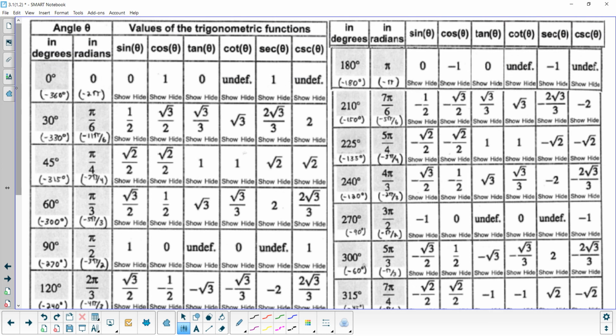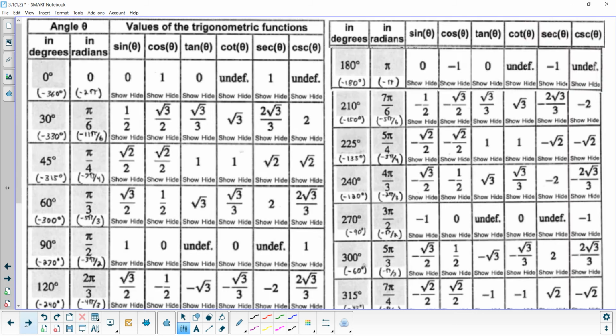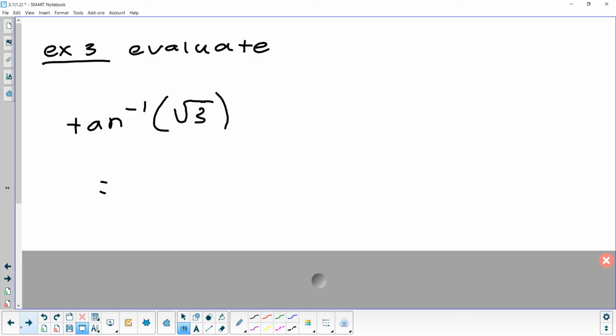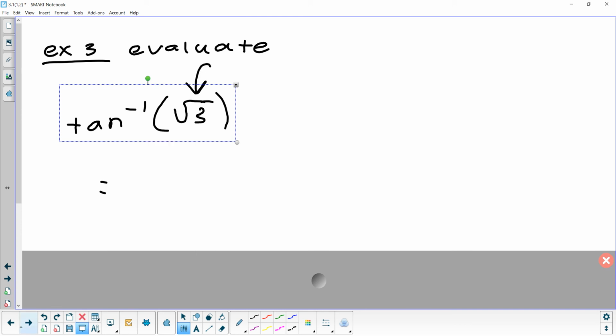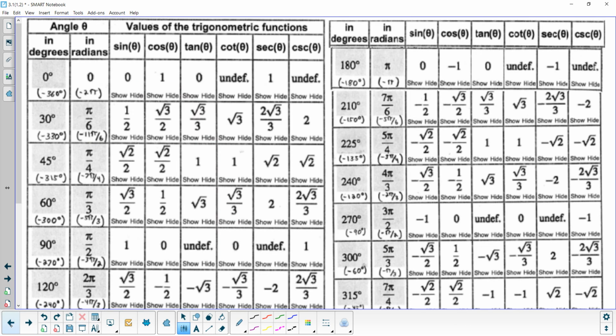So how do you know if you have a problem like this one, whether or not you're going to be able to find the answer on the chart? Well, you look at this number. Look at the number inside the parentheses. This chart will have numbers like 1/2, square root of 3, square root 3 over 2, square root 3 over 3, ones, zeros, and the negative of pretty much everything I just said.